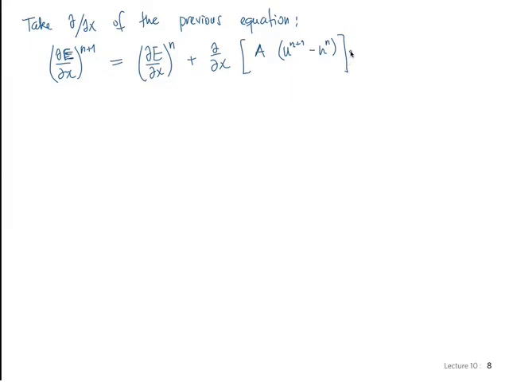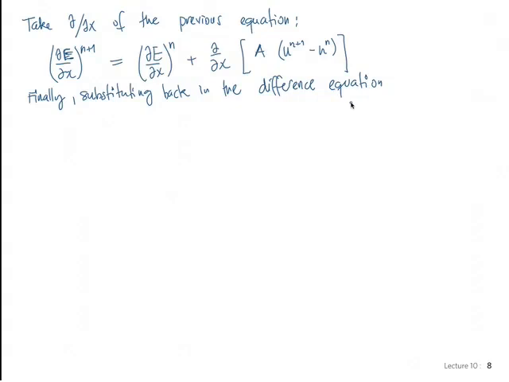So now we're going to use this and substitute back in the equation that we just had, the difference equation that had the dE/dx and the two time levels, and we can get (u at n plus 1 minus u at n) divided by delta t, we didn't touch that, minus 1/2, and here we were worried about this point, that was the dE/dx at n plus 1.